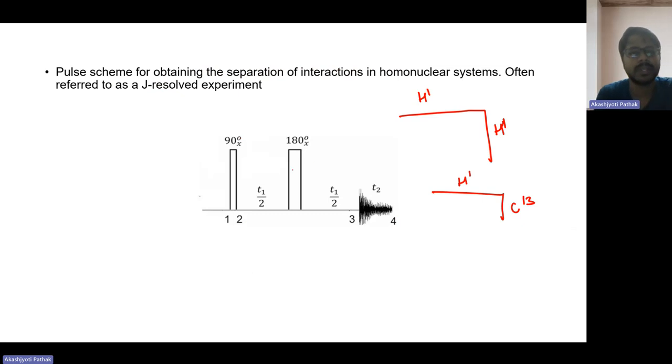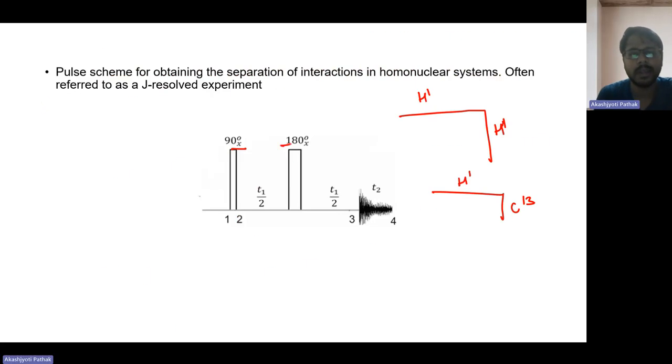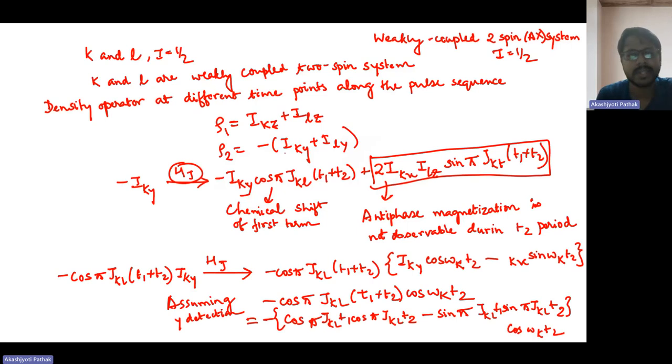Rho 1 you can write as IKZ plus ILZ, right? And rho 2 you can write as minus IKY plus ILY.